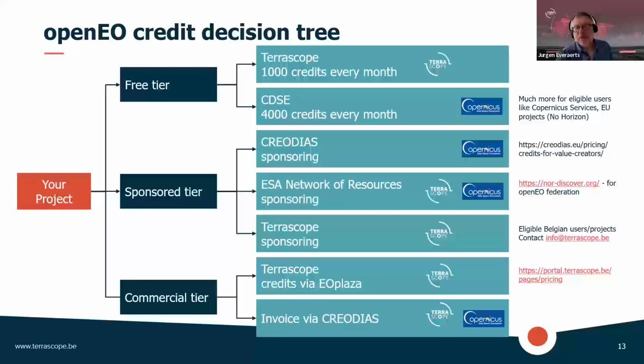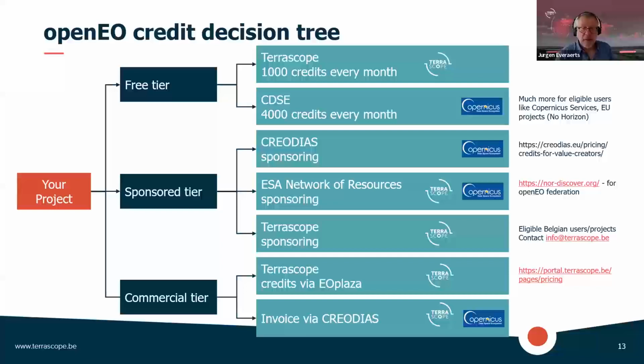ESA projects, for instance, give you access to the network of resources. Creodias has a certain offering for specific users, and even Terrascope can help you, especially Belgian users, and especially the Belgian projects can always rely on some more resources or credits, but you need to contact us for that.